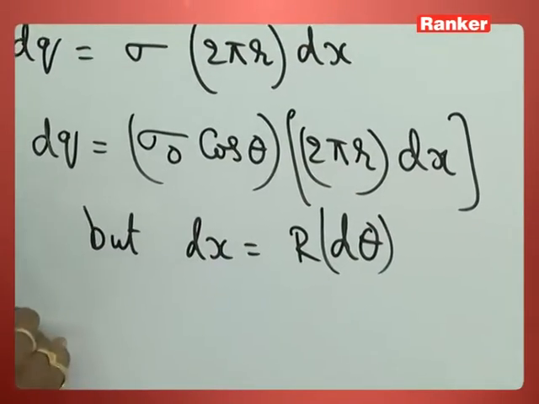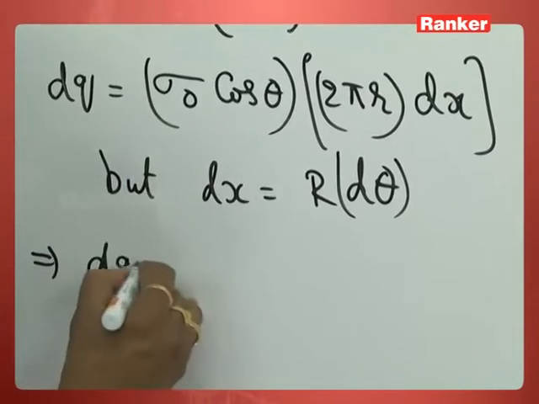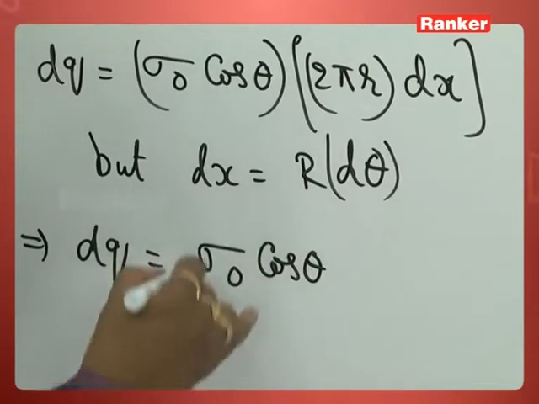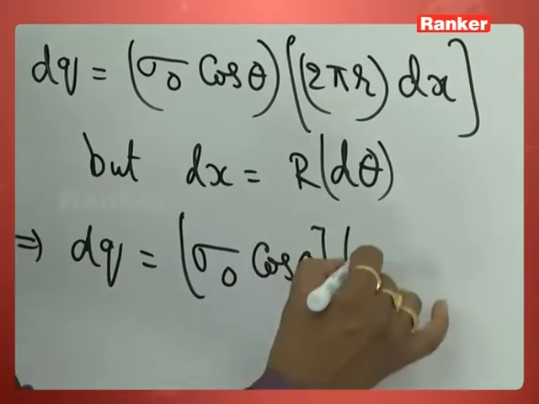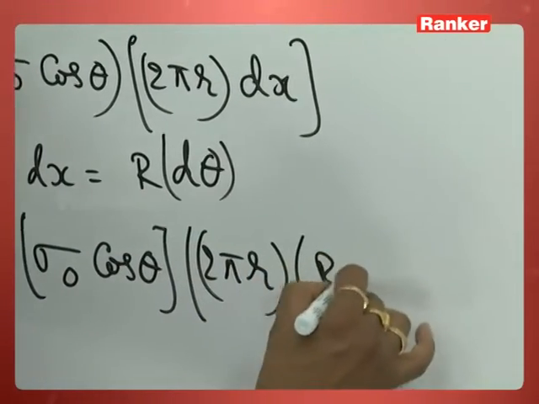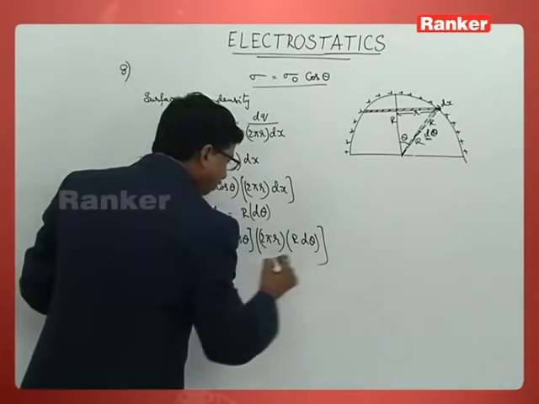Directly you write that one here: dq is equal to sigma naught cos theta into 2 pi r into r d theta. That is the concept.